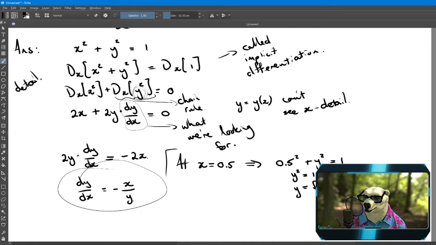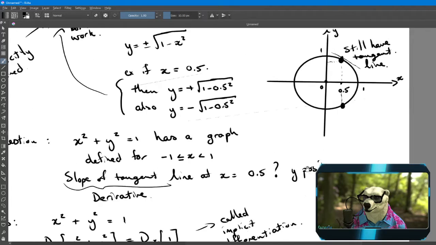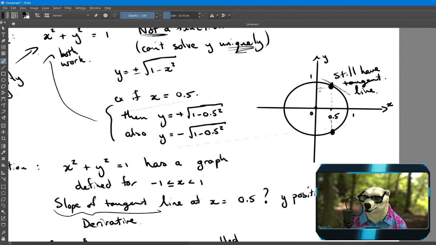So the point in question I now know, when x is 0.5, y is 0.866-ish. And I need both of them to be able to find the derivative, which is the slope of the tangent line.